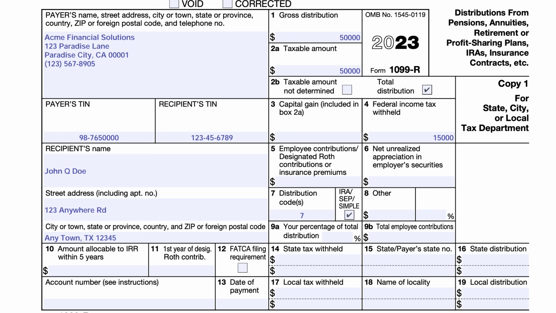There is a tricky little problem with this. A couple of things. One, it is a federal requirement that the financial institution, if they're cutting a check to someone other than a financial institution, if they're cutting you the check, they must withhold at least 20%.